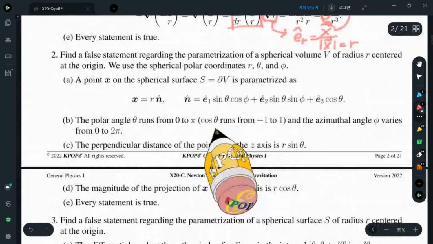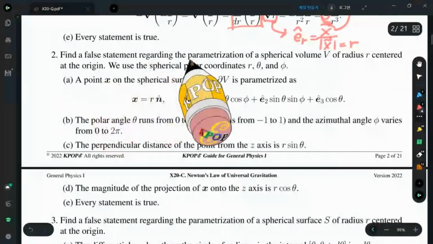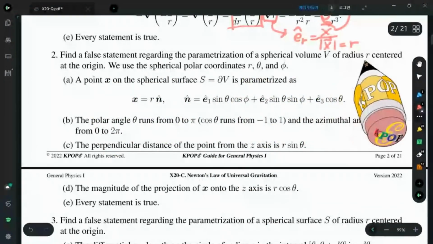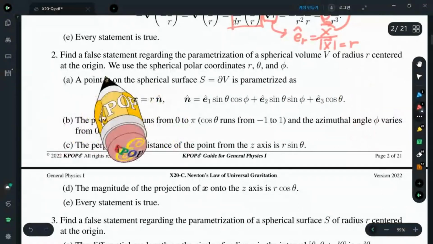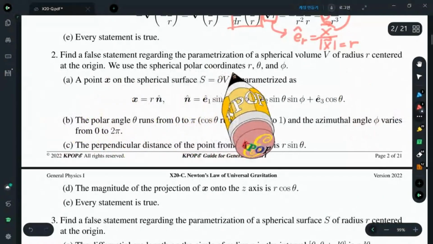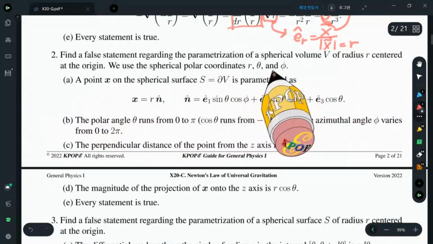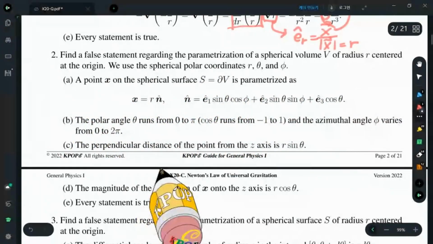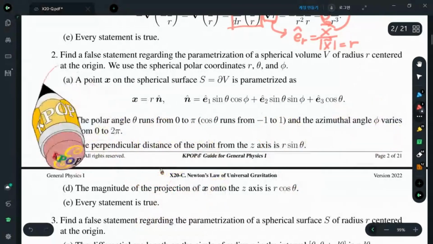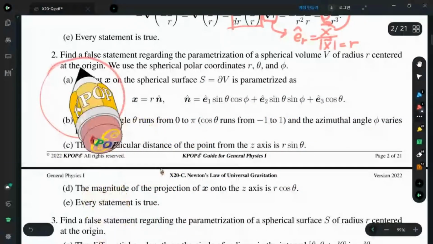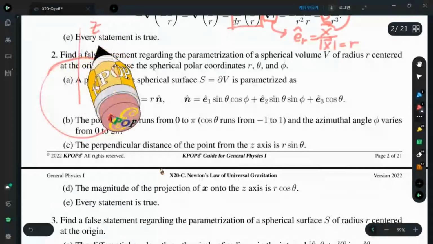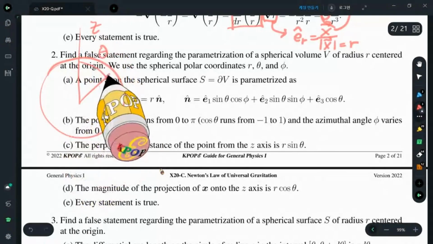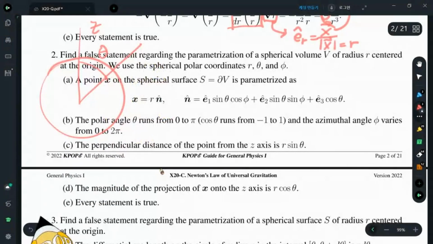Okay, fourth statement, regarding the parameterization of a spherical volume V of radius r centered at the origin. We use the spherical polar coordinates r, theta, and phi. Point x on the spherical surface, z-axis, we introduce the angle theta, that is the polar angle.